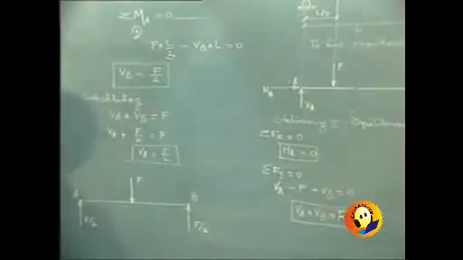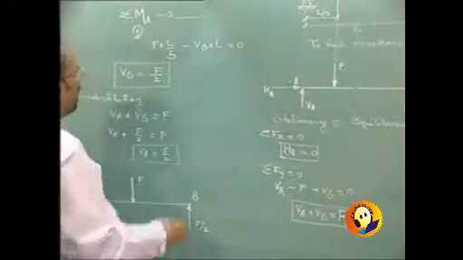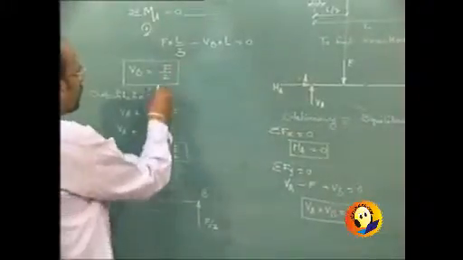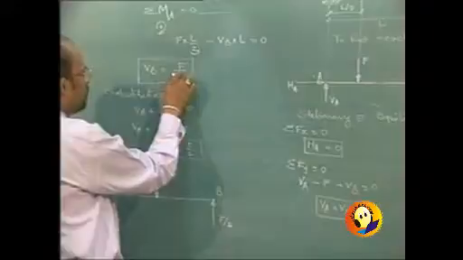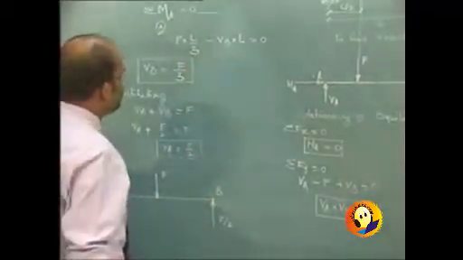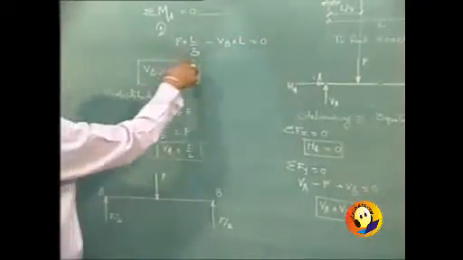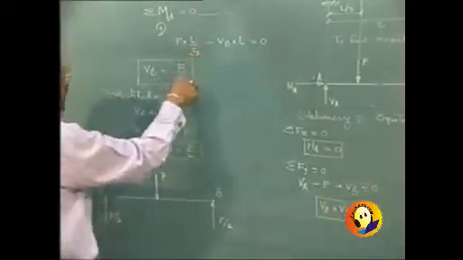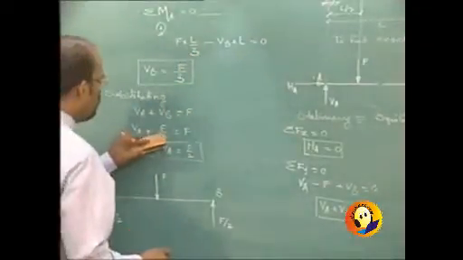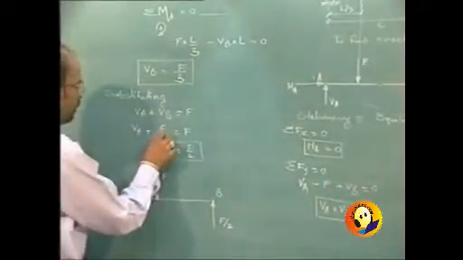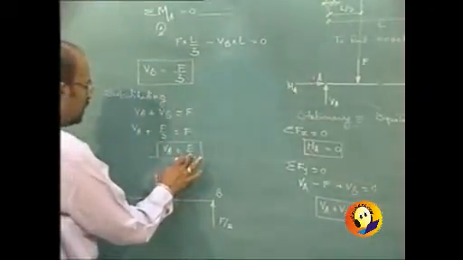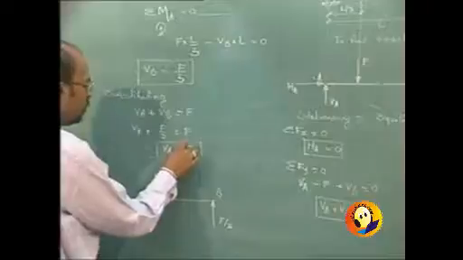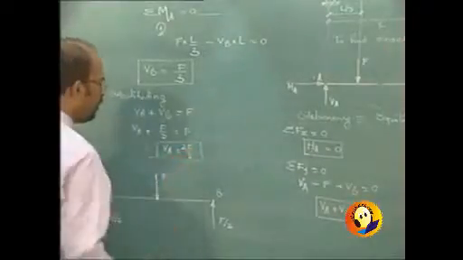And therefore, when we calculate VB, it will come out to be F by 3. If you substitute into sigma moment equation, then L will cancel and VB will be equal to F by 3. If I substitute VB equal to F by 3 in our sigma Fy equal to 0, we will find that the reaction at A will come out to be 2F by 3.